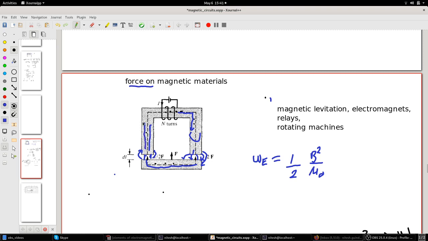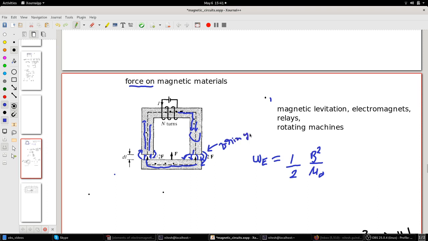So what we are seeing here is this bulging or spreading of the magnetic field in different directions, which is called the fringing effect. It is called a fringing effect because the field is changing from one medium to another medium of different permeability, right?